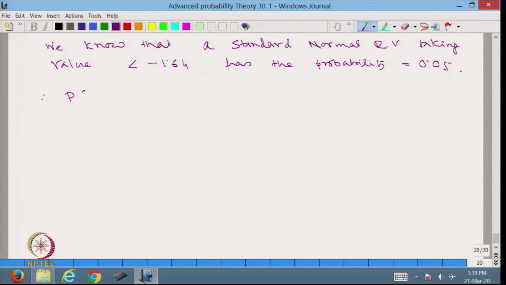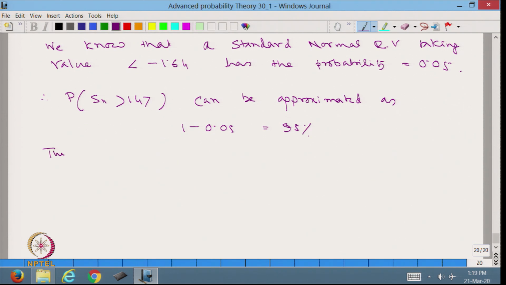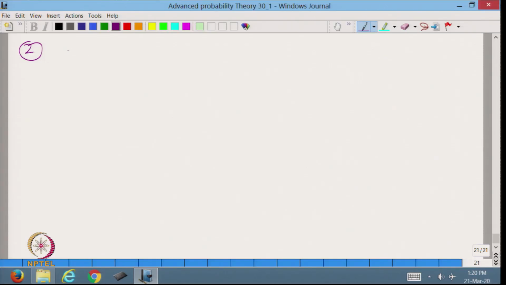Therefore, the probability Sn greater than 147 can be approximated as 1 minus 0.05, which is equal to 95%. This we can do using the central limit theorem.